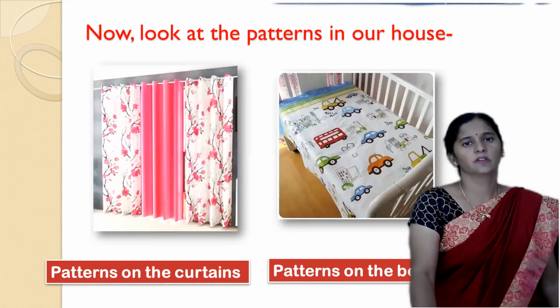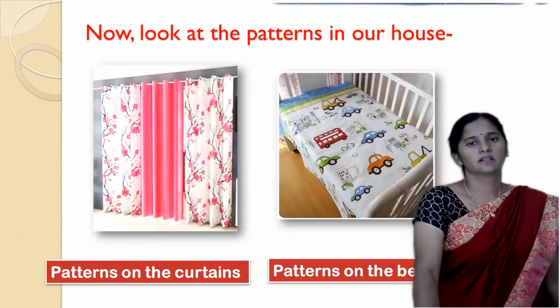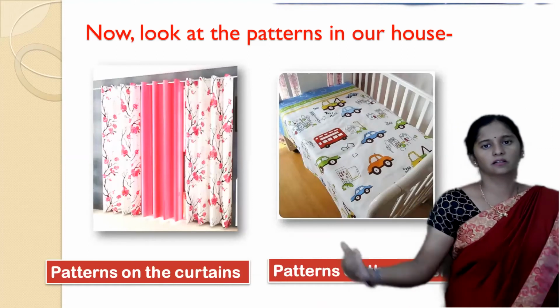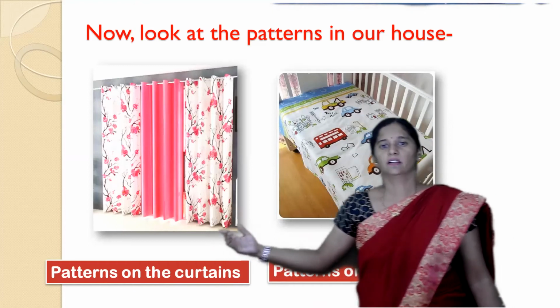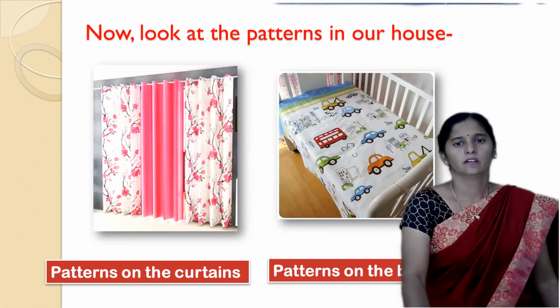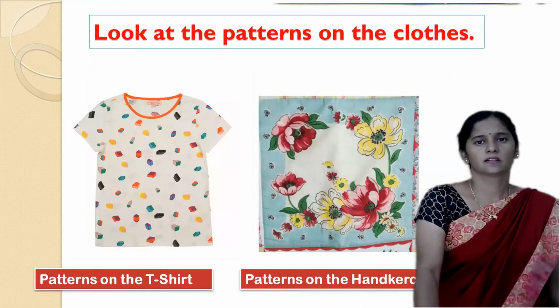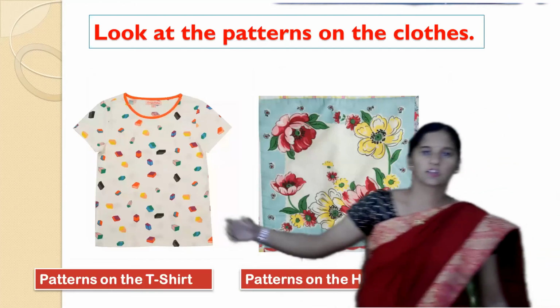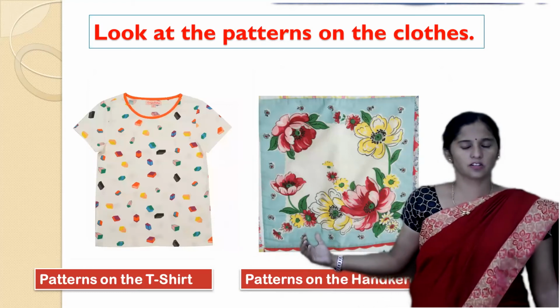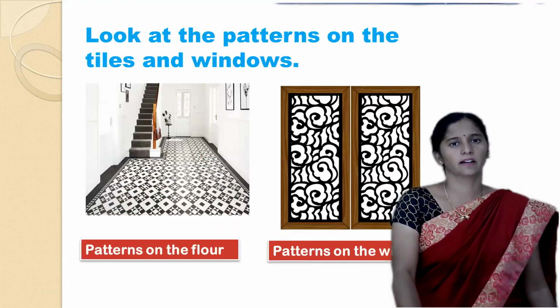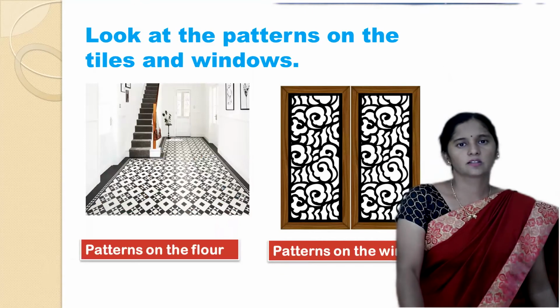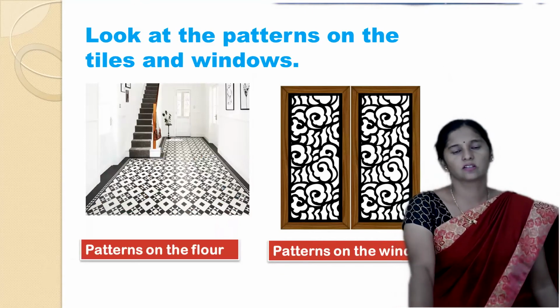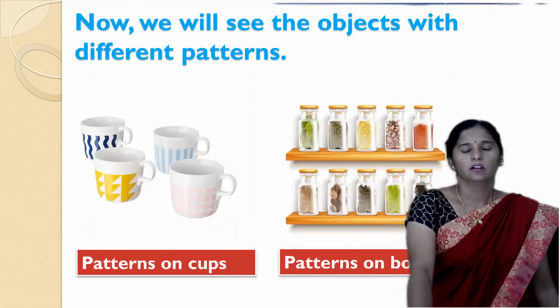Next, we can see patterns in our house, that is the curtain and the bed sheet. There are patterns on clothes, on the t-shirt, even on the handkerchief. We can see patterns again on the tiles or on the windows.